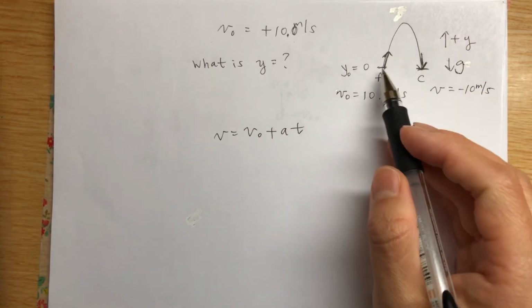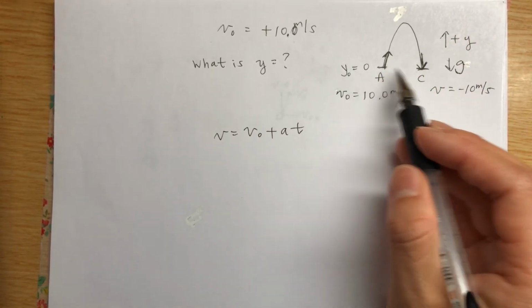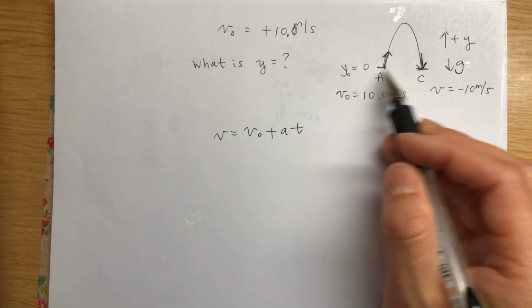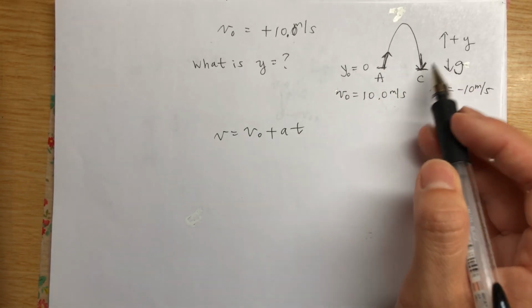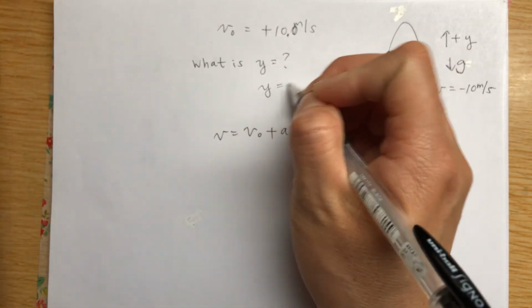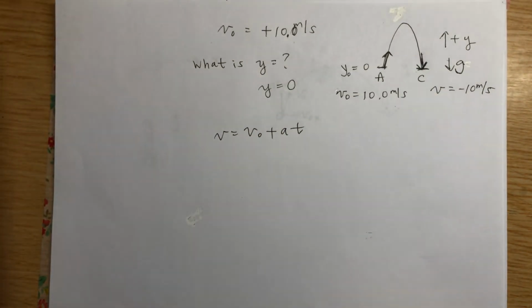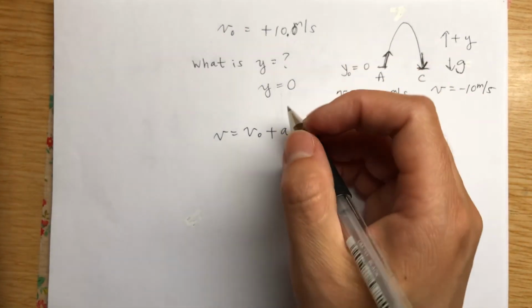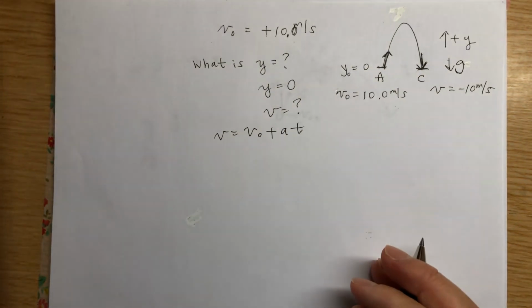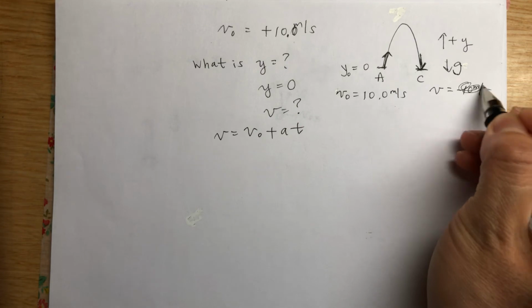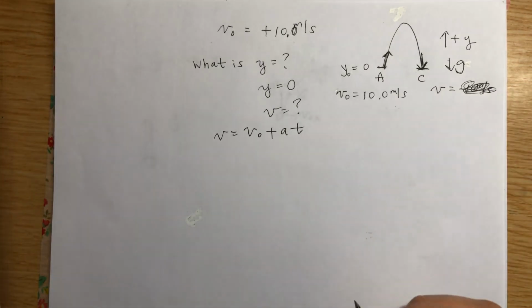Is there a difference of height here? No, there's no difference of height. So this is 0 and it goes back down to 0. So y is 0. So we're trying to find v. We don't know this yet.